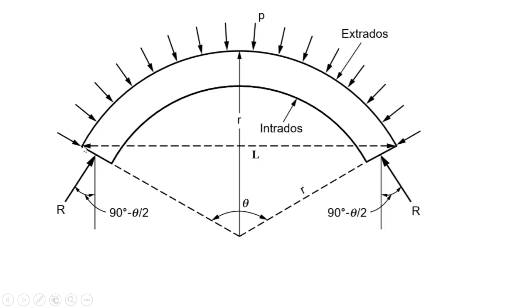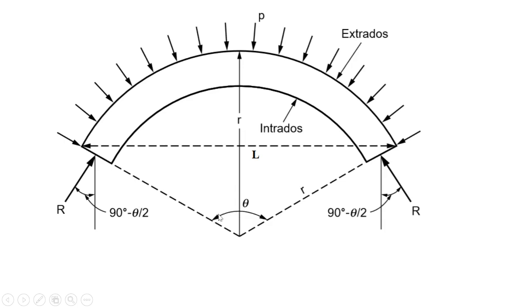If you take half of the portion, you know that the total is capital L, so half of the portion will be L by 2. And this angle is theta by 2.